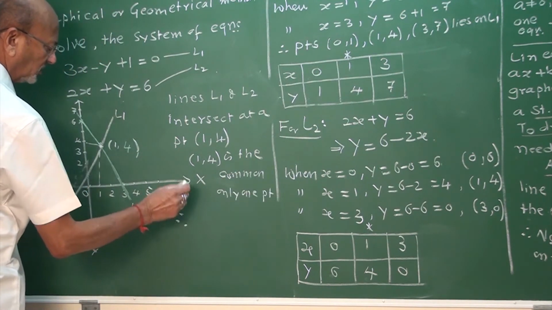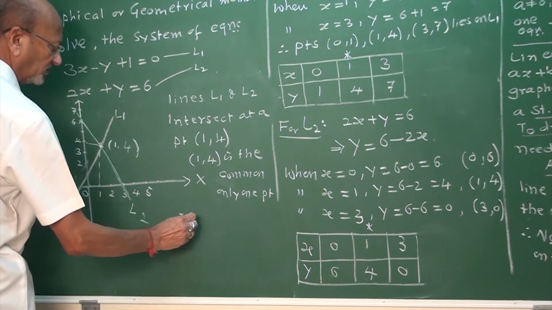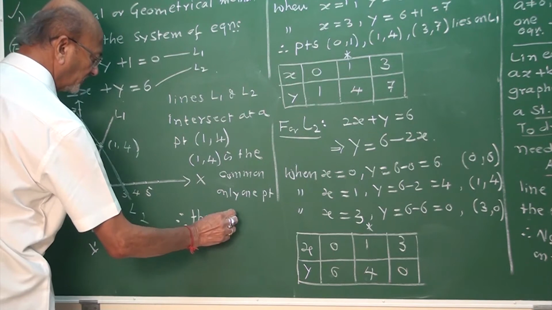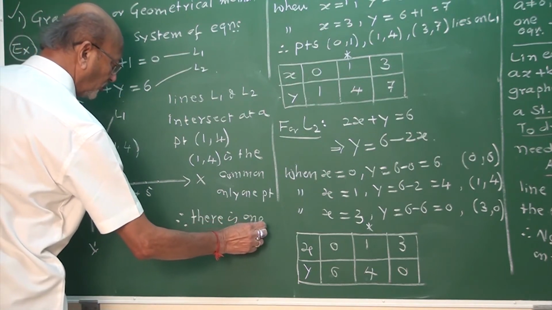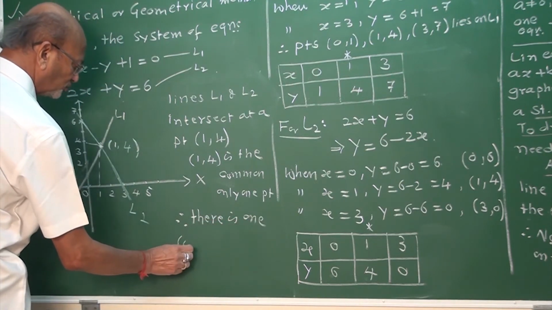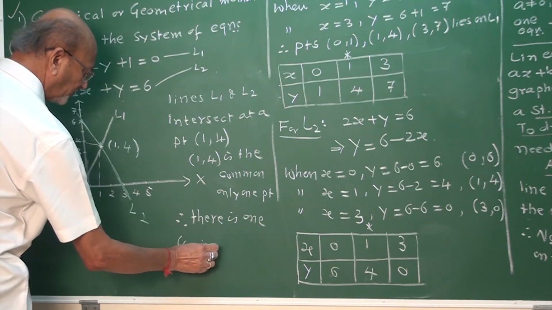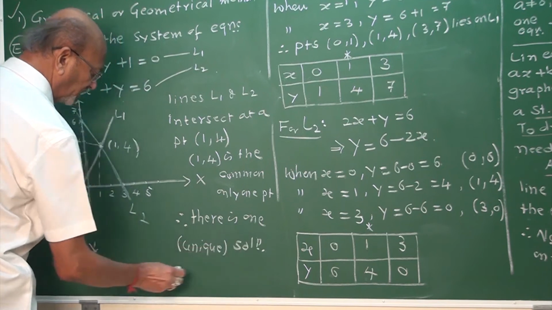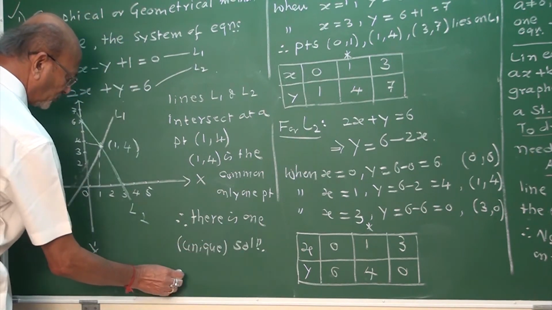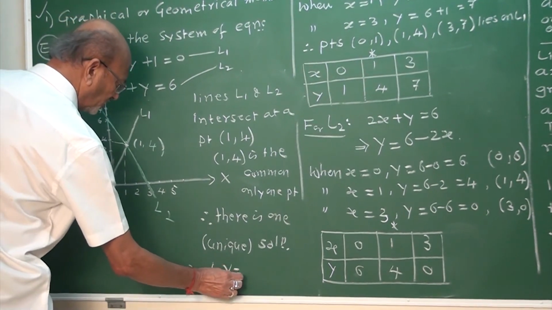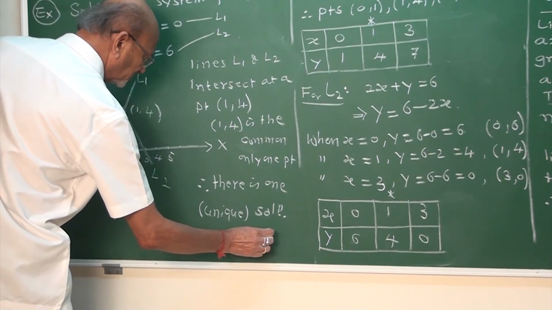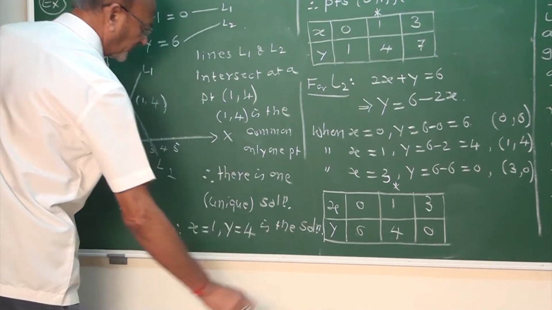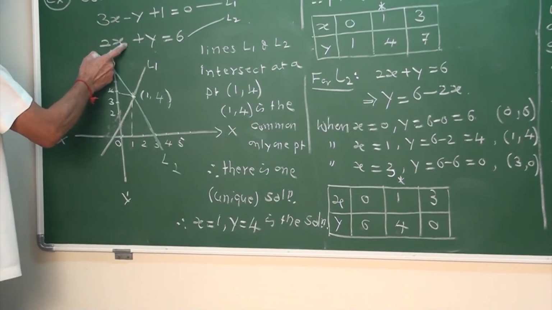Therefore, there is only one solution. One means what? Unique solution. Therefore, x equal to 1 and y equal to 4 is the solution of the given equations.